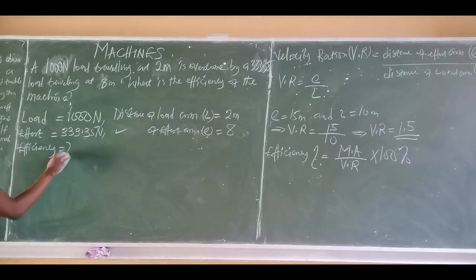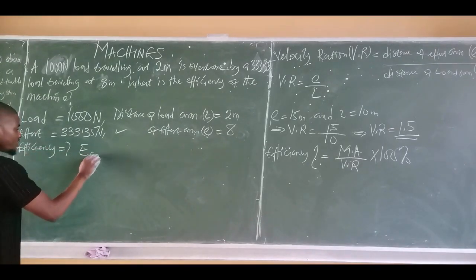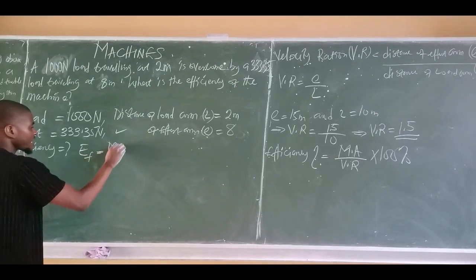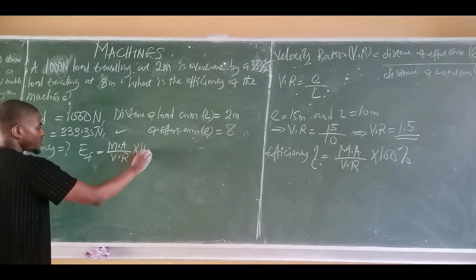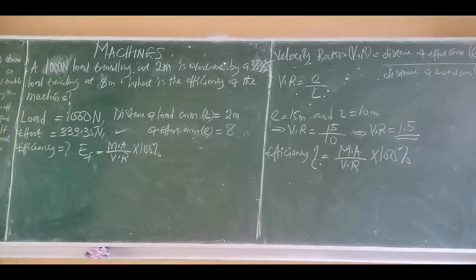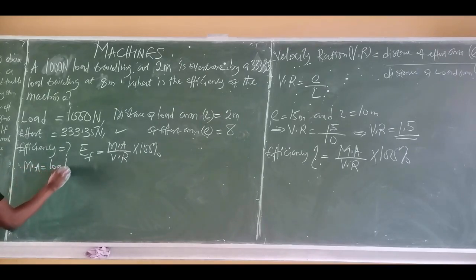Efficiency is unknown, but we know that efficiency is mechanical advantage over velocity ratio multiplied by 100%. So all we need to do is find the mechanical advantage, find the velocity ratio, then multiply by 100. And we know that mechanical advantage is load over effort.